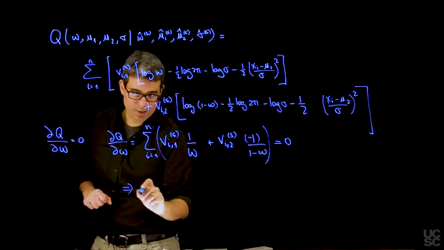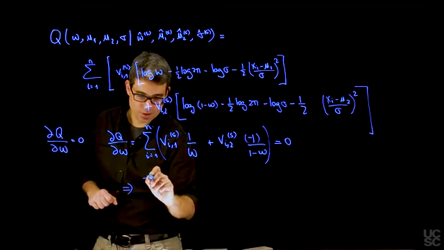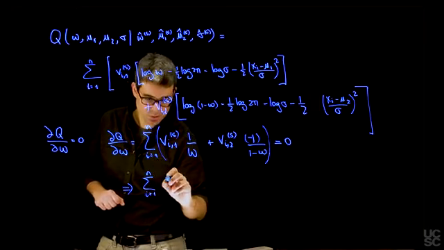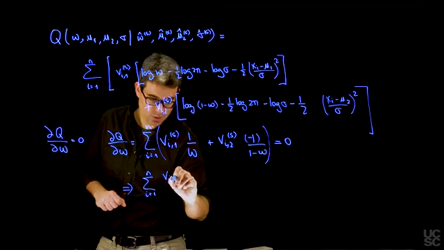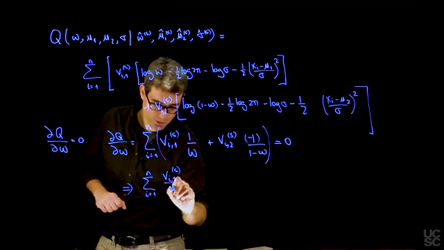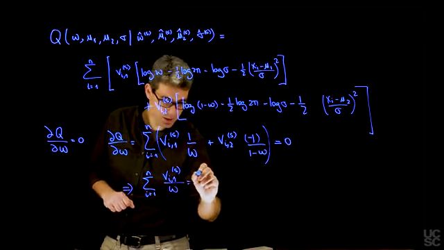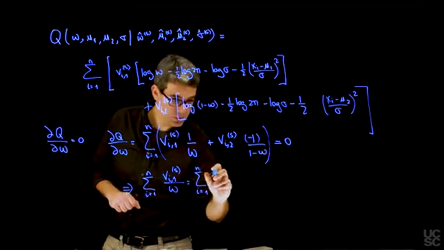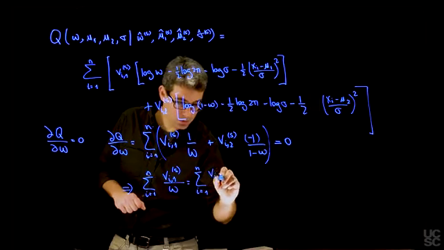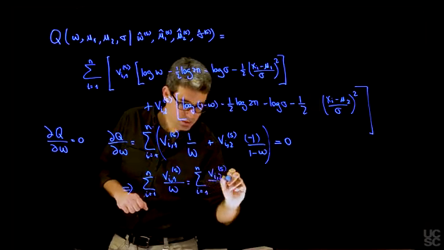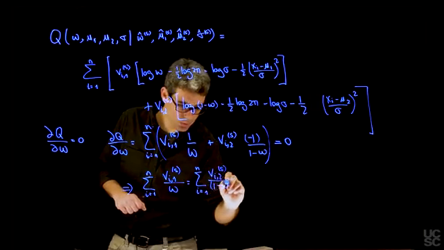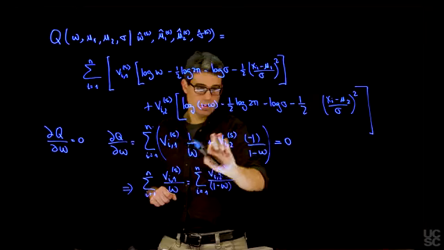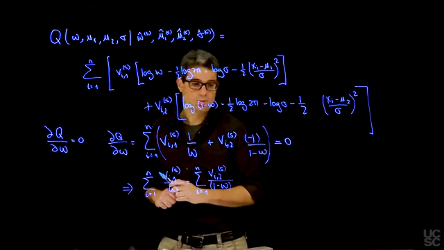So that implies that the sum from 1 to n of bi1s divided by omega has to be the same as the sum from i equals 1 to n of bi2 of s divided by 1 minus omega. This just comes from this minus making this a plus, and I'm just moving the expression to the right-hand side.